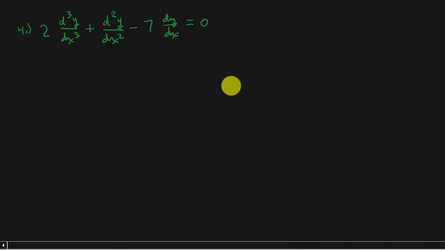All right, so now once again, this right here is written in another form. This would be the same thing if we wrote it like this: 2d3y plus d2y minus 7dy equals 0. That would be the same thing.